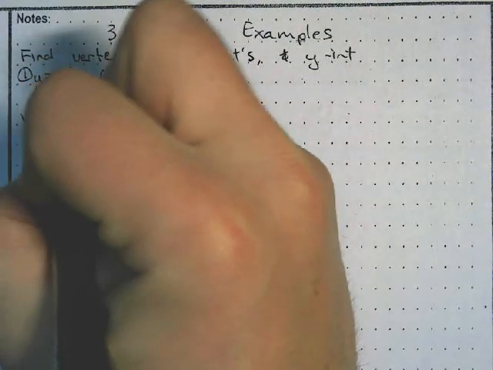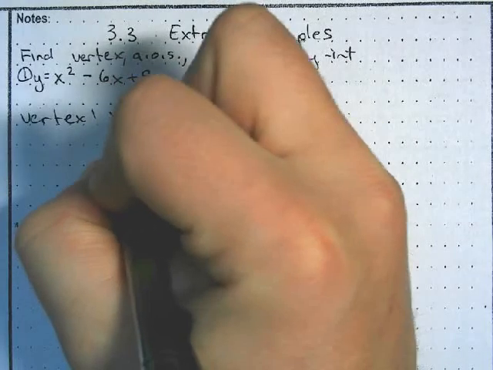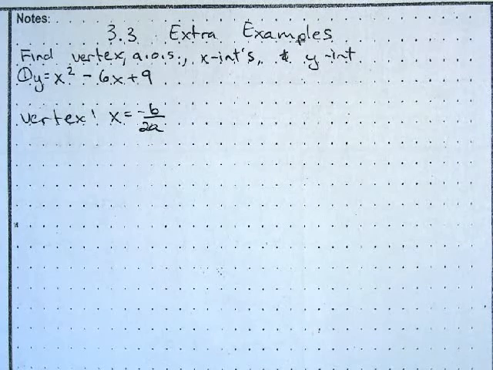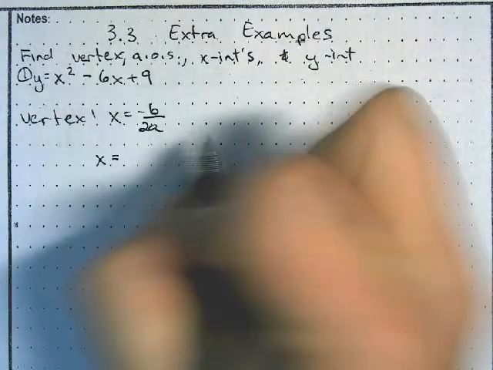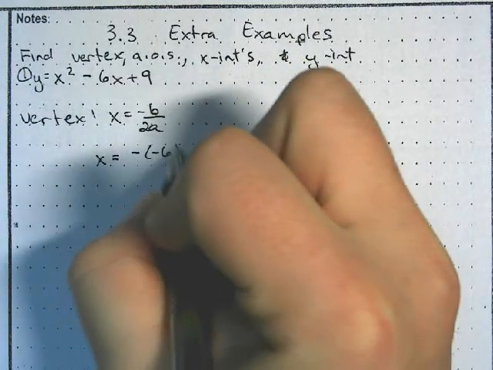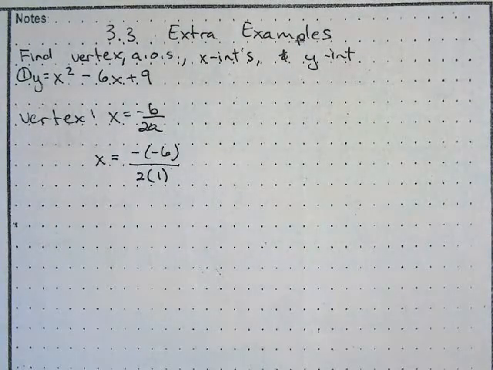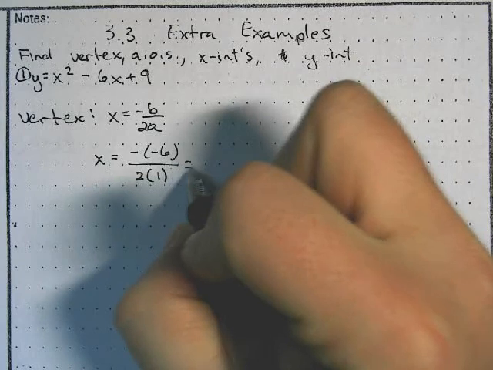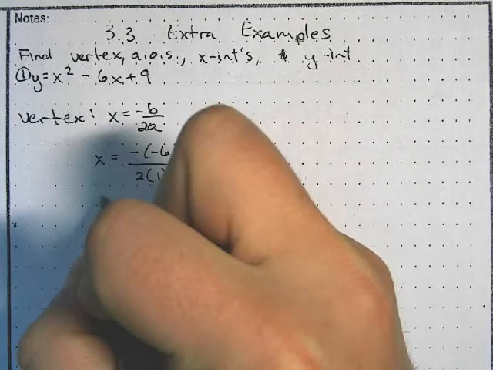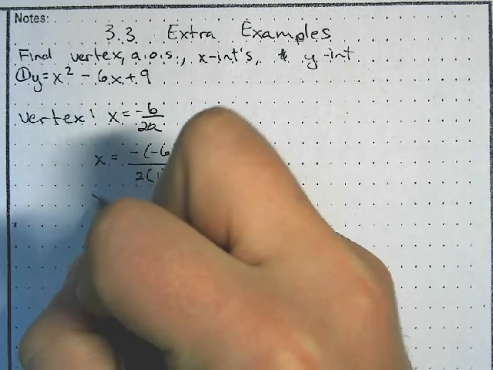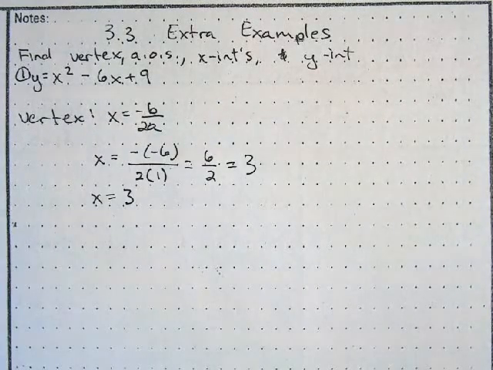Vertex, we use that x equals negative b over 2a. So I'm going to have x equals negative 6 over 2 times 1. So x will equal 6 over 2, so x equals 3.